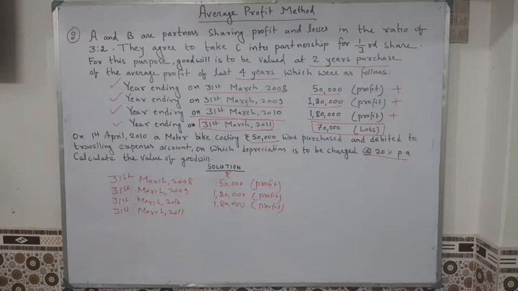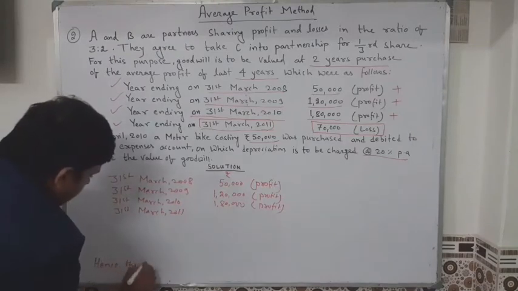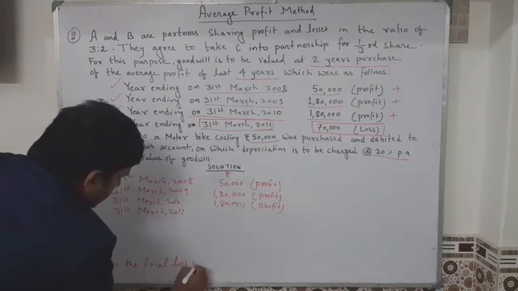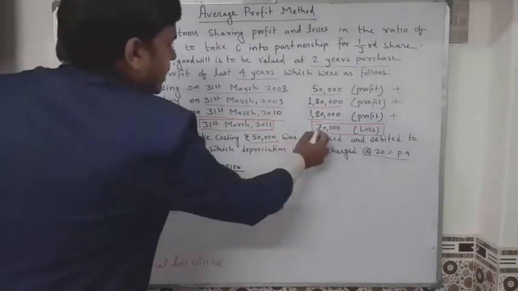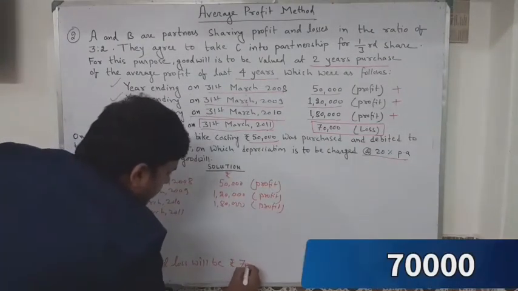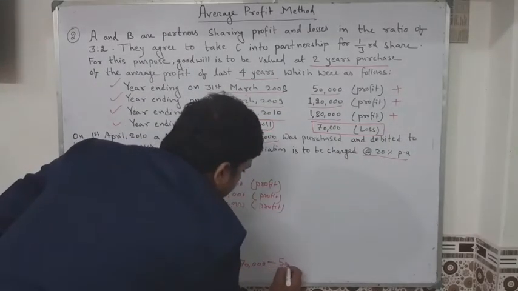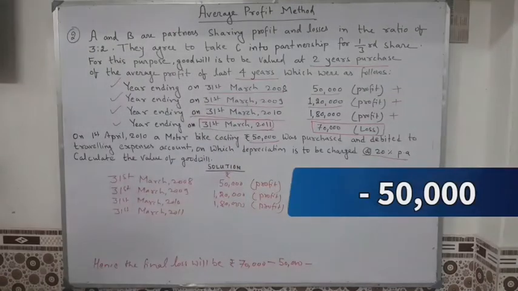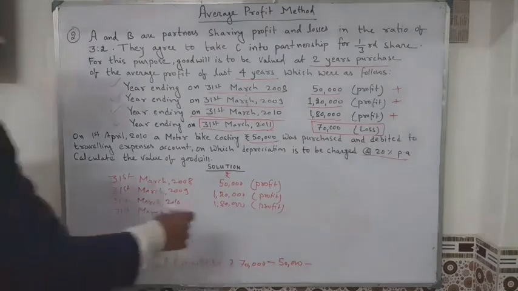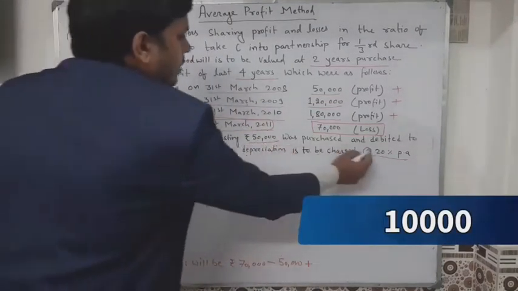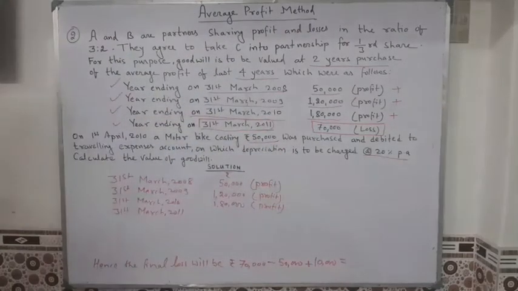Hence the final loss will be 70,000 minus 50,000 plus 10,000 depreciation. 20% of 50,000 is 10,000.